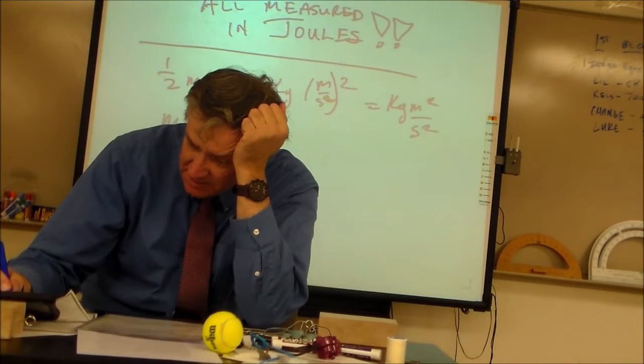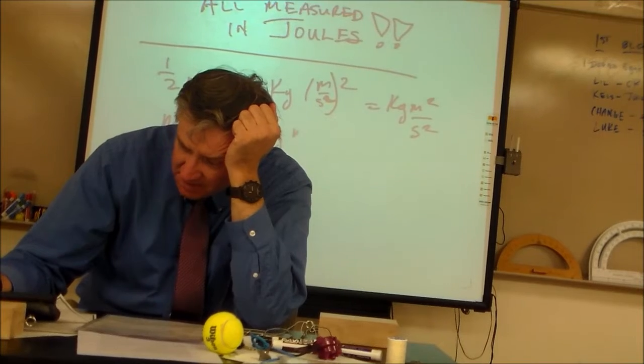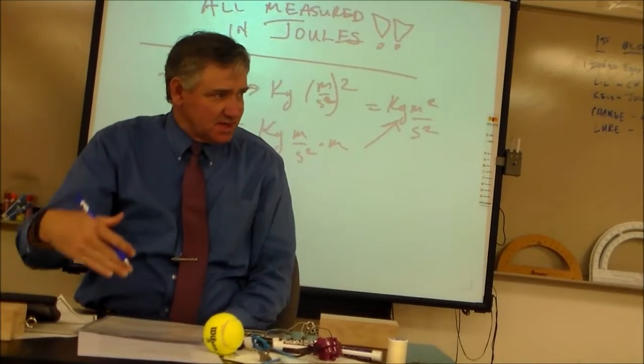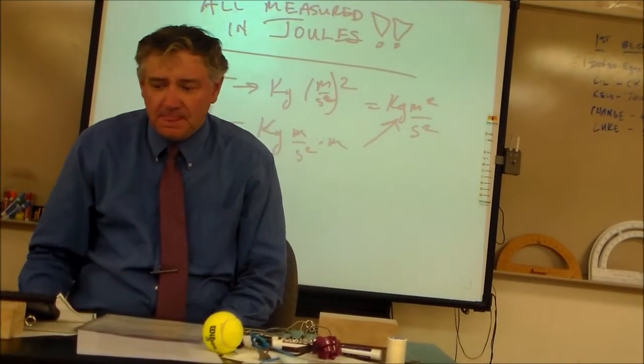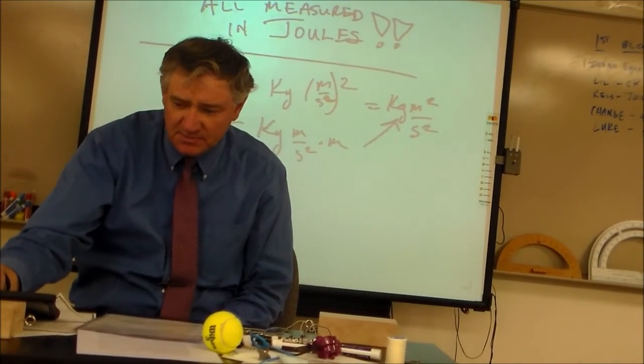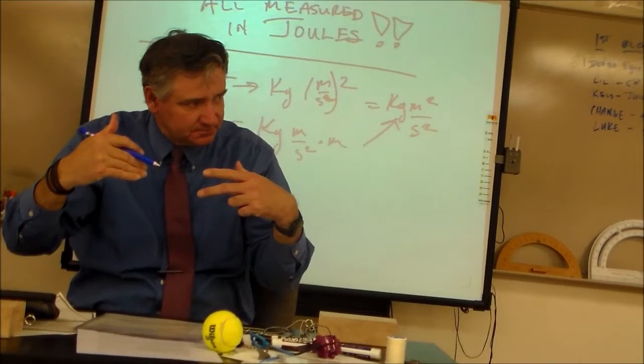If you look at mgh, that's kilograms times meters per second squared times meters. You also get kilograms meters squared over second squared. Because you're squaring that whole quantity of meters per second, it becomes meters squared over second squared.